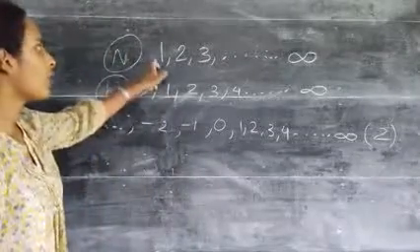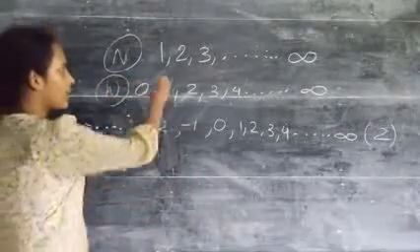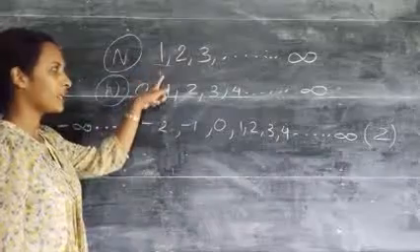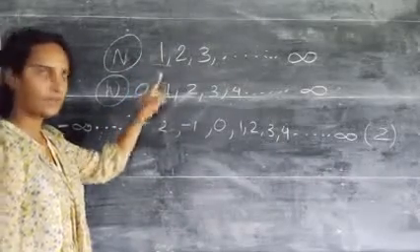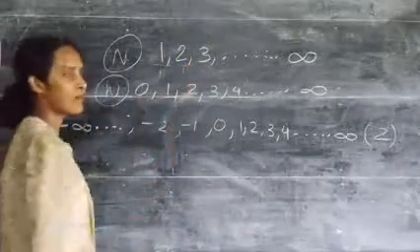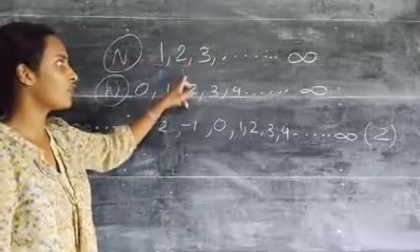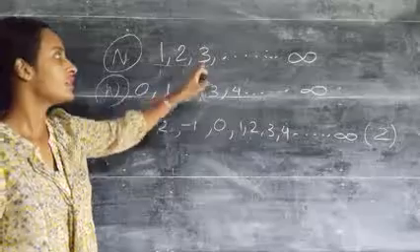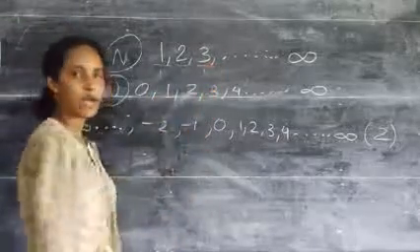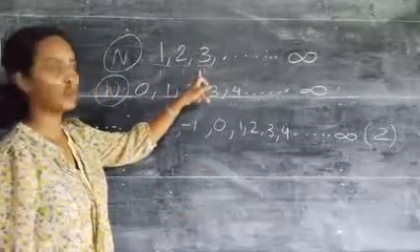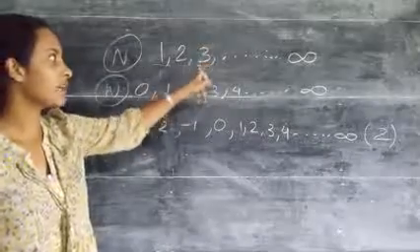Now, look at these. Can I write 1 as 1 by 1, in p by q form, and q is not 0, right? 2 I can write as 2 by 1, because 2 by 1 is 2 itself. 3 again, I can write as 3 by 1, where 1 is again not 0, right?